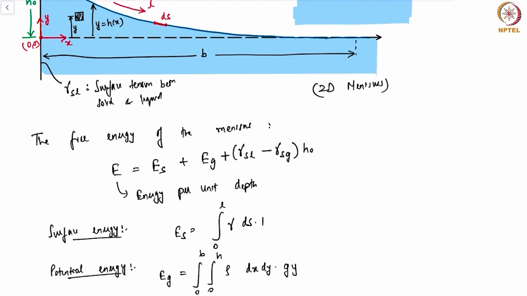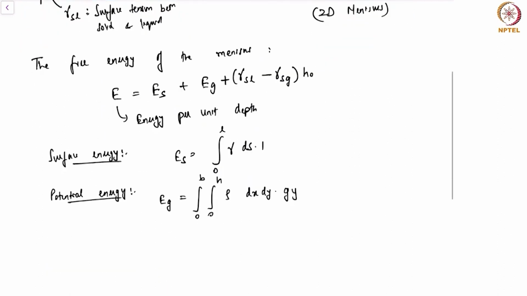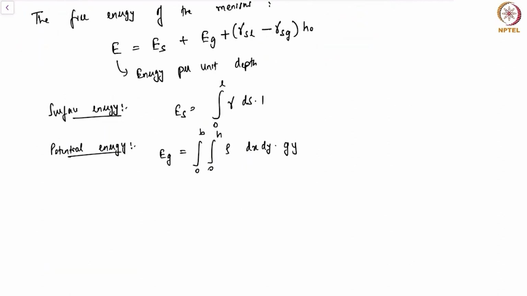dx dy into unit depth 1. Now we have mass, and the potential energy would be mass times gravity times the height. And I have to scan the entire region above y equal to 0, above the dashed horizontal line. So I go from 0 to h and 0 to b.